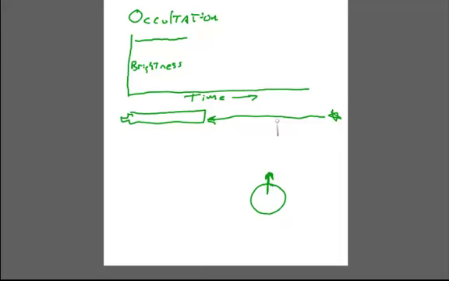Now, what actually happened was something that looked like this. So imagine we're looking at the brightness of this star, and we see it coming along, and all of a sudden what happened was a drop of brightness that looked like that, and then another one occurred, something like that, and then eventually Uranus came along and blocked the light of the star like this, and after Uranus had passed, the brightness of the star resumed, and then we saw another dip that looked like that, and another dip that looked like this.